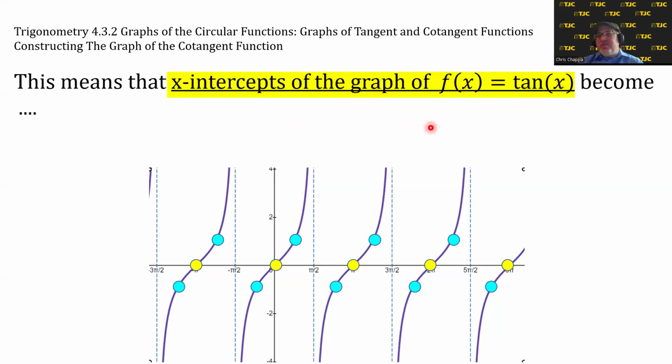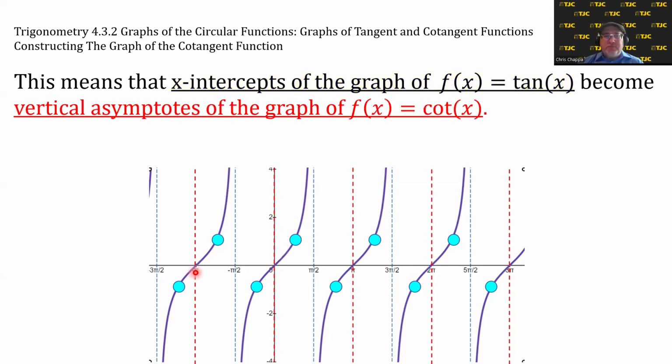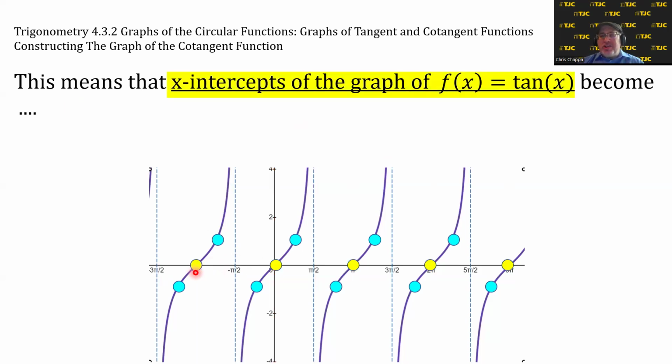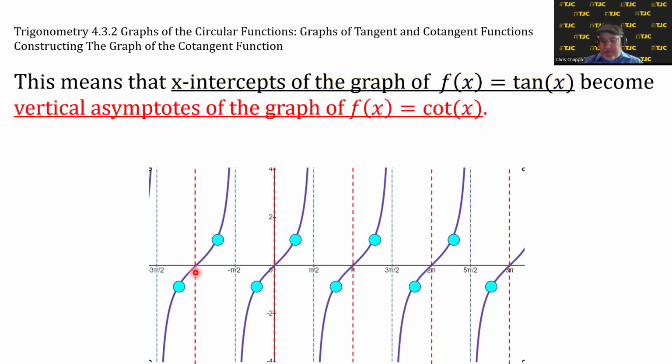This means that the x-intercepts of the graph of tangent, the yellow dots, become vertical asymptotes of the graph of cotangent. Let me point that out again. Where the graph of tangent crosses the x-axis, we get vertical asymptotes for the graph of cotangent. So the red ones are going to be our vertical asymptotes for the graph of cotangent.